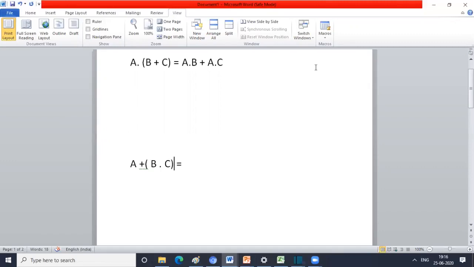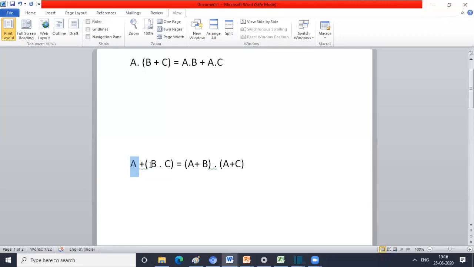We can rewrite this expression as A plus B, bracket complete, then dot, then another opening bracket, A plus C. Please try to understand how I have written this expression.